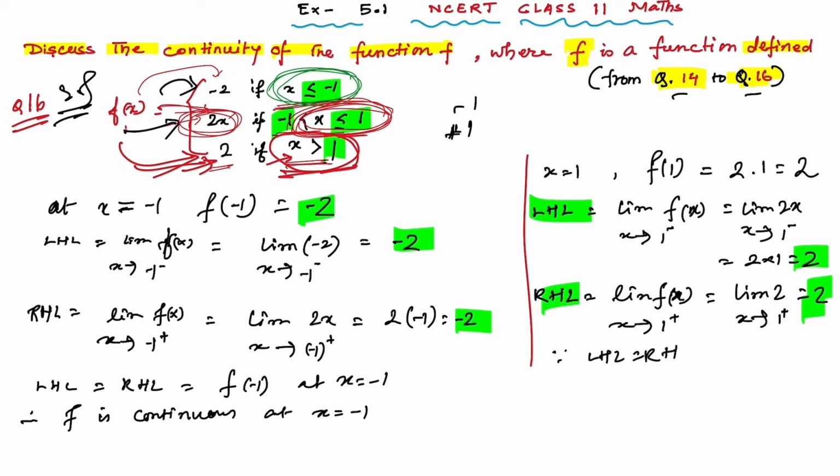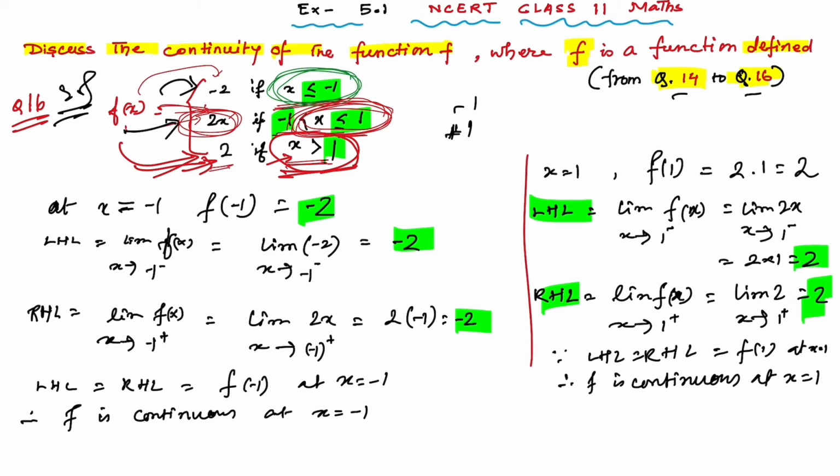Since left hand limit is equal to right hand limit is equal to f of 1, f is continuous at x is equal to 1.